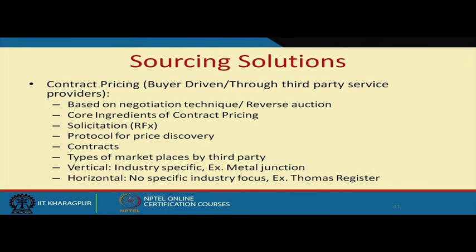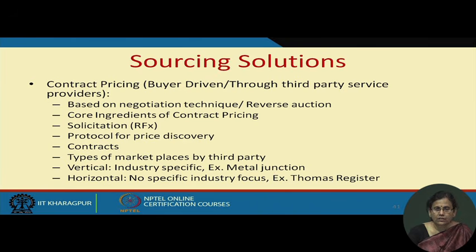Then what are the activities under this? Under contract pricing, the first one is based on a negotiation technique, which is otherwise called the reverse auction. The core ingredients of contract pricing are the inputs to the system, which come in the form of business rules etc. for designing this reverse auction.